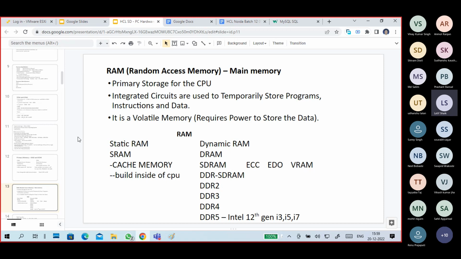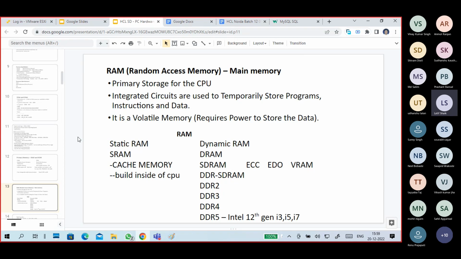SDRAM further developed into DDR SDRAM, with different versions released into the market: DDR, DDR2, DDR3, DDR4, DDR5. DDR5 is the latest RAM for computers released into the market, supporting 12th generation i3, i5, i7.